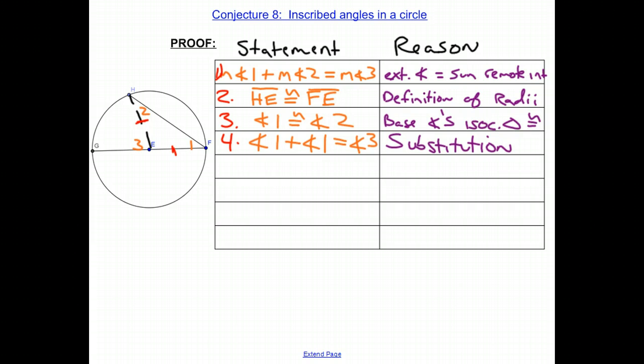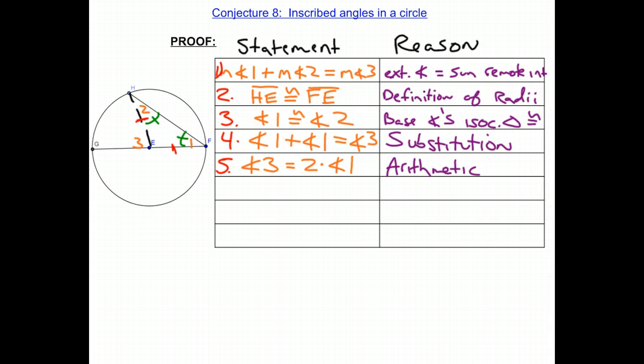We can do some further arithmetic to say that angle 3 is going to be equal to 2 times the measure of angle 1. And all that is simple arithmetic. So here we have the measure of angle 3 equaling twice the measure of angle 1.